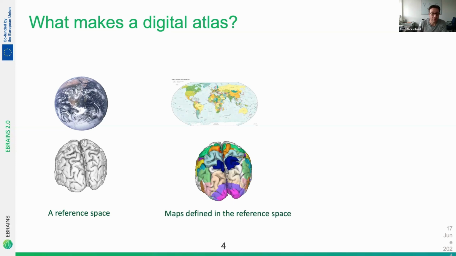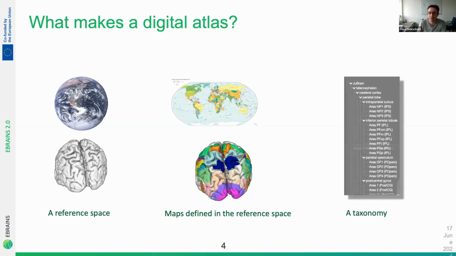Then we have a set of maps that actually define which brain regions or which structures are located at different locations in this space. And then we are typically also dealing with some form of taxonomy that gives names to these regions and also explains their relationships very often as a hierarchical tree, as we see it here.